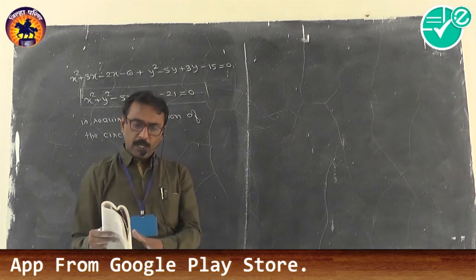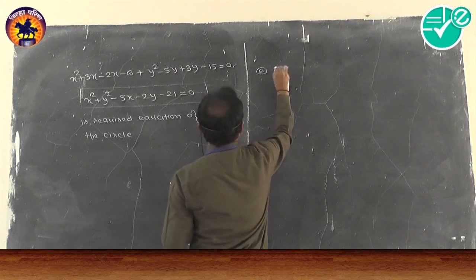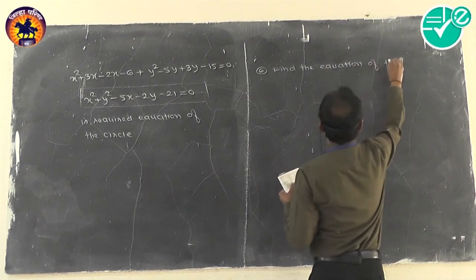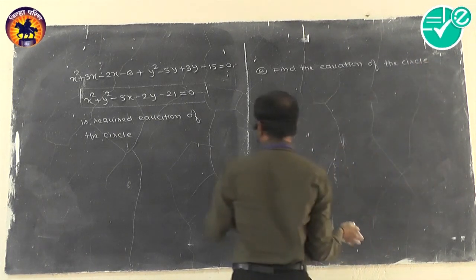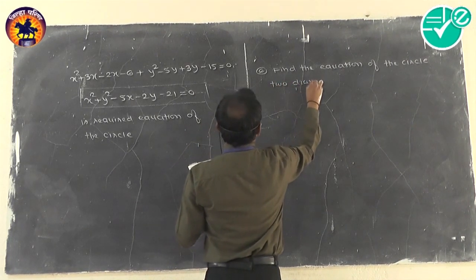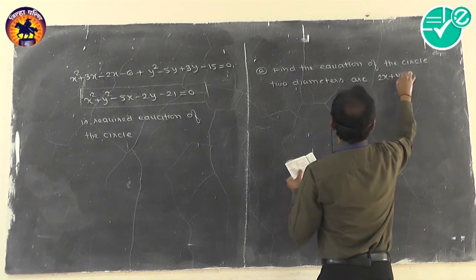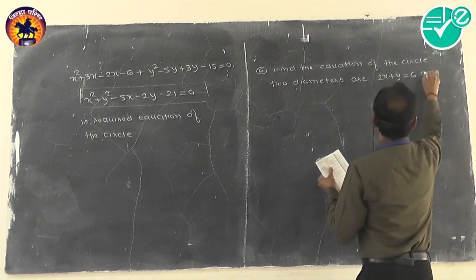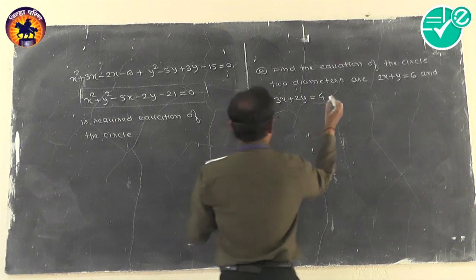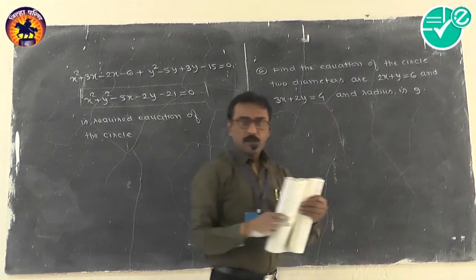Now in one minute, we will take one more problem. Here they have given: find the equation of the circle if two diameters are 2x plus y equal to 6 and 3x plus 2y is equal to 4, and radius is 9.